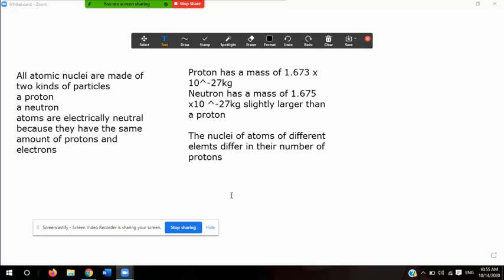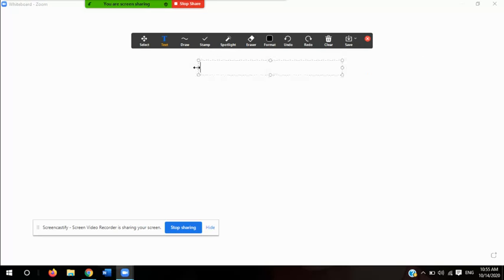Real quick, there are forces in the nucleus that help maintain stability. So, forces in the nuclei.